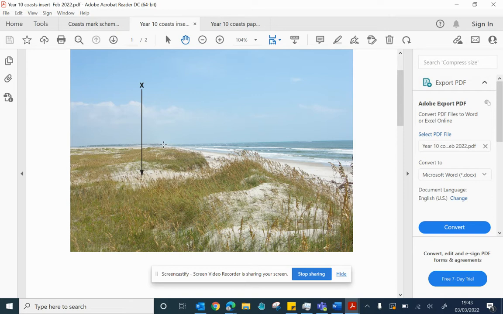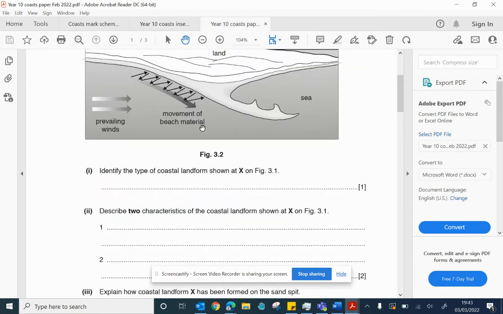Okay, so we're getting the marks here from either describing the vegetation, the fact that there are patches of sand, or we could mention the actual gradient, or the relief of the sand dunes, in that they are relatively flat with a gentle gradient. Any two of those, which are clearly described, would get the marks.